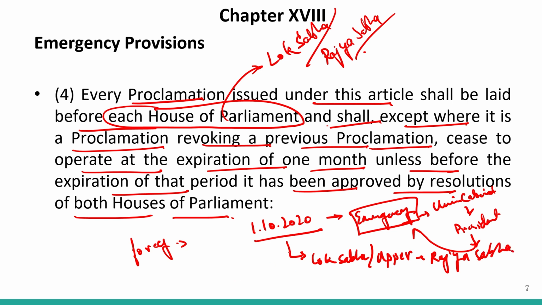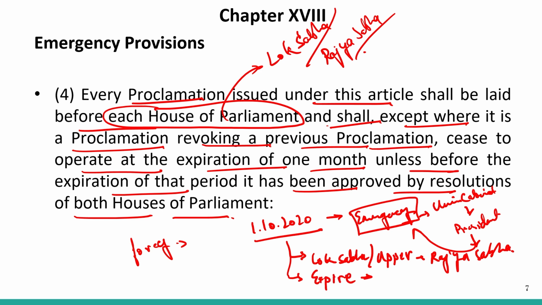And then both the houses of the parliament shall decide whether this particular proclamation should continue or not. If they have provided with the resolution that this particular emergency should continue, then it shall continue till the time it has not been revoked. Else, if the resolution says that we are not going to continue with the emergency, then it will by itself expire.